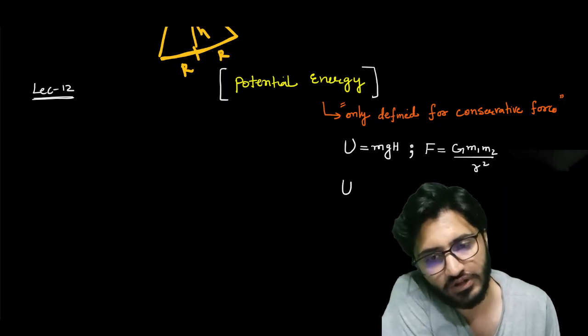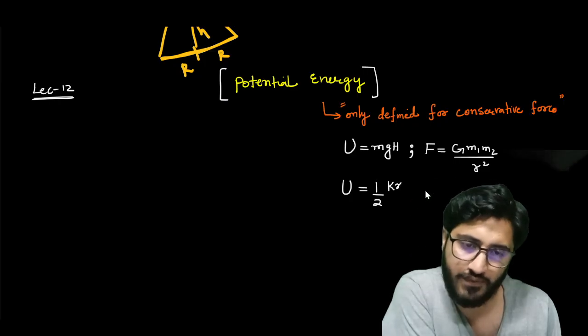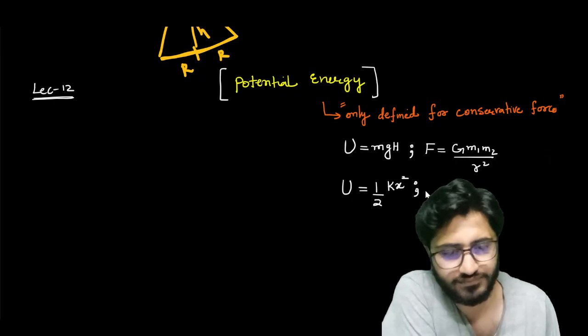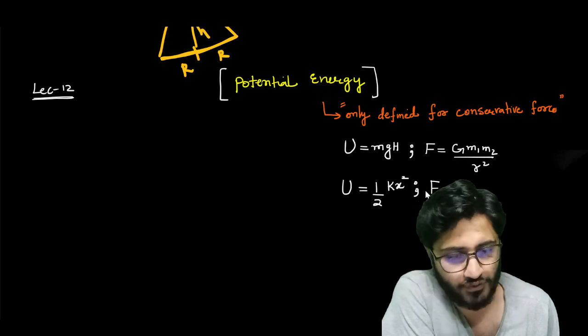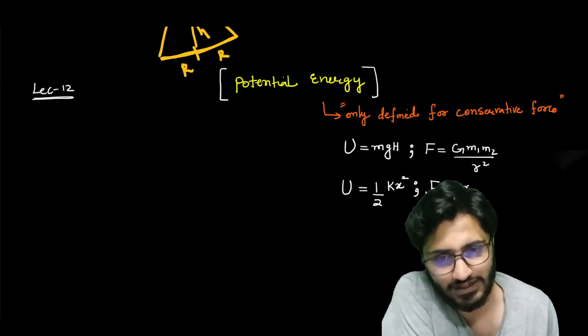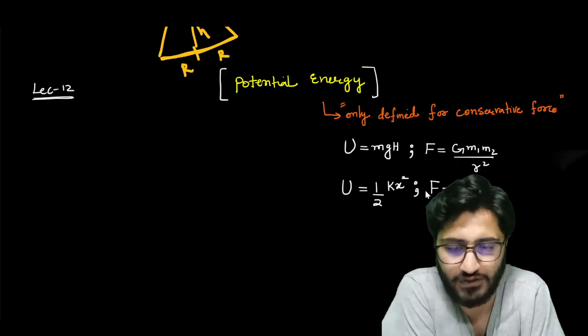If we talk about the spring, what is the potential energy of spring? 1 by 2 kx square. The force driving it is the spring force, F equals to kx. Conservative force. Done. So potential energy is only defined for conservative force.